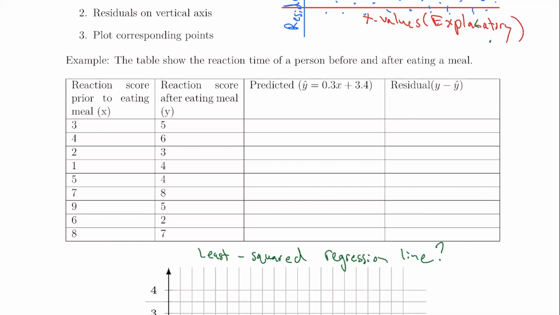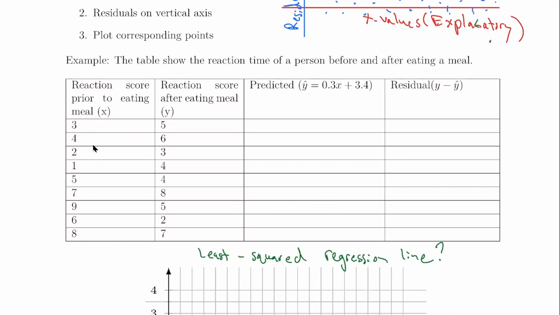So how can I find the least square regression line? Thank you. Yes, we could do LinReg ax plus b.